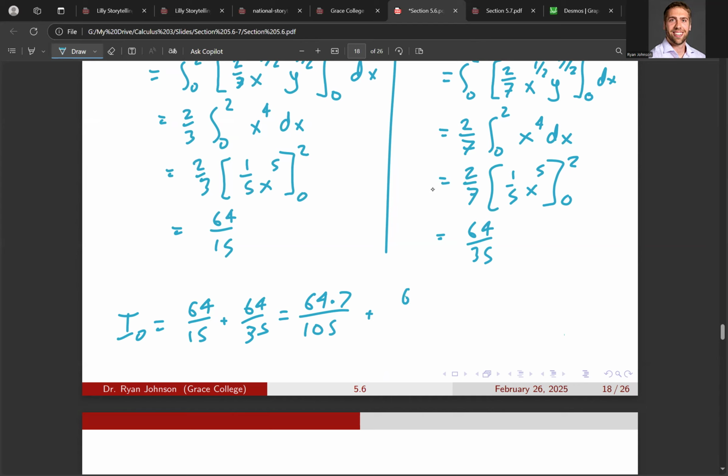So that's 64 times 7 plus 64 times 3 over 105, so 64 times 12 over 105. 640 plus 128 is 768. Can you simplify it?